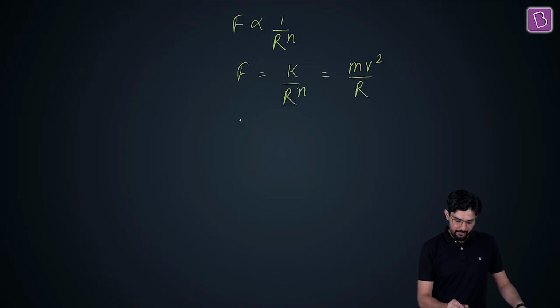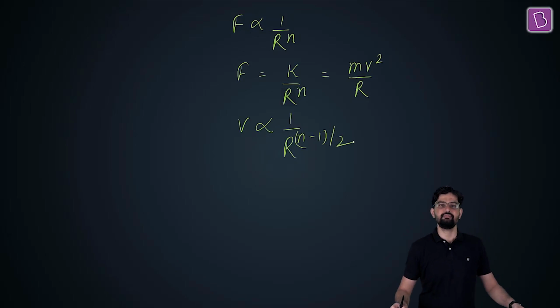Now can you see from here, v is proportional to 1 upon r raised to the power n minus 1 divided by 2, right? So m is a constant and v is also a constant.